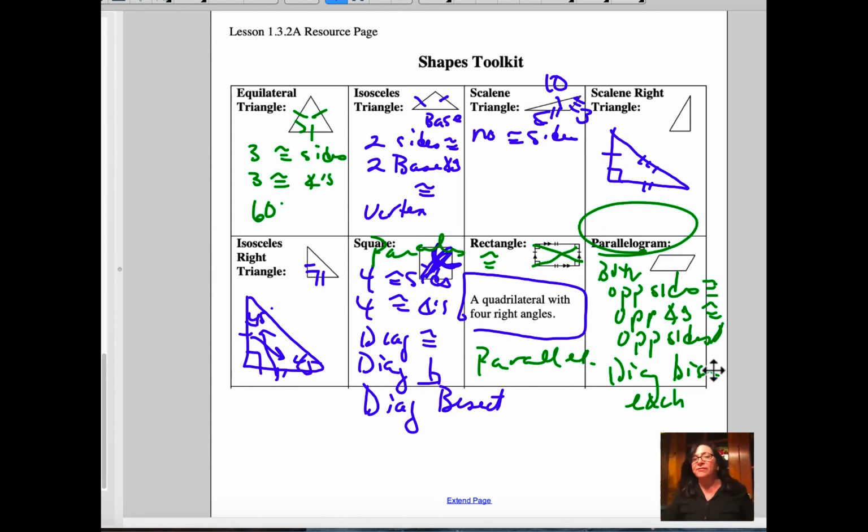So you have all of this stuff for a parallelogram. Now remember, a square and a rectangle and a rhombus are all parallelograms. So when you're talking about the attributes for a rectangle, all of this stuff right here also applies to a rectangle and a square. It's a lot.